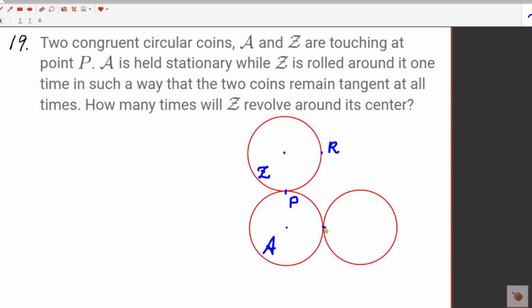Well, R should be here, right? So let's call this R prime. And where is your P? The point on Z that is touching A is the one that is 1/4 of the circumference of Z from P, right? So your P becomes here. So let's call this P prime. And the coin just turned this way.